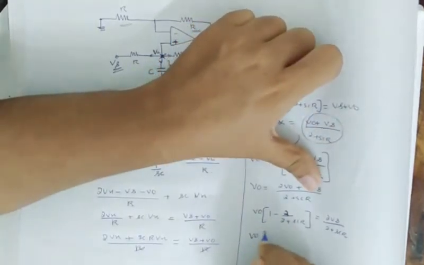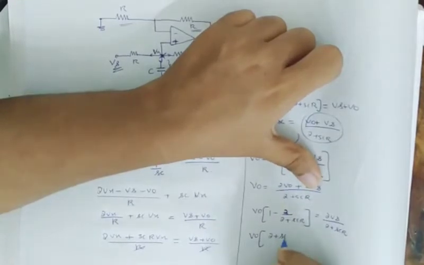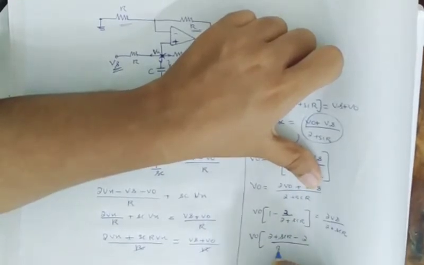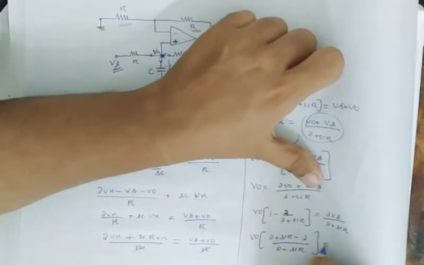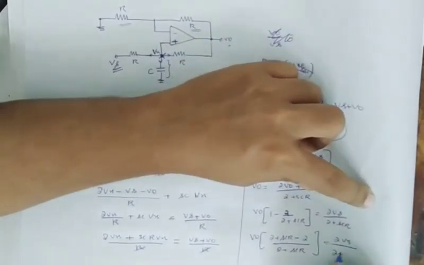Now we'll take the LCM over here. We'll get 2 plus SCR minus 2 divided by 2 plus SCR, which is equal to 2Vs divided by 2 plus SCR.